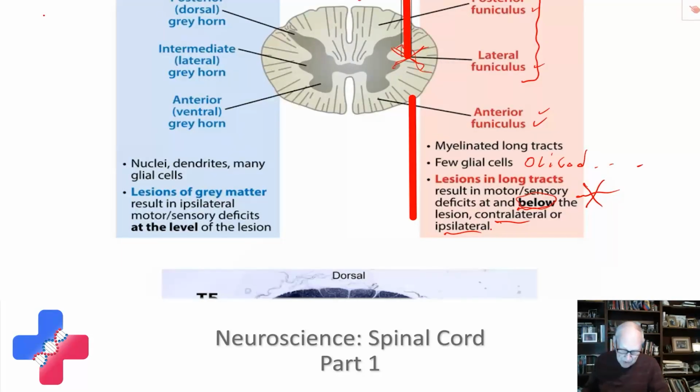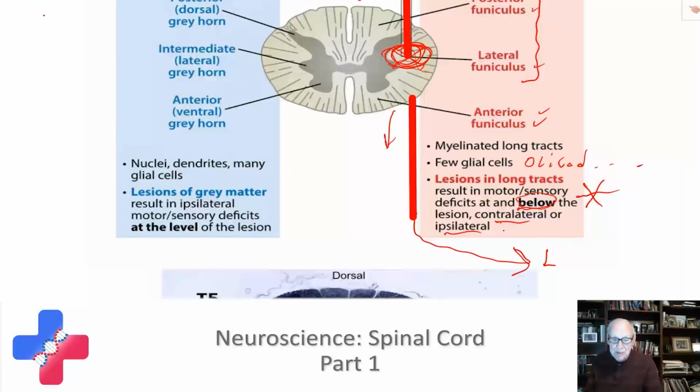Let's say again we damaged the cord here at T4. We've lost everything below. We know that. That's the cardinal rule. But sometimes the deficit is below and affects the same side. So this would be the left side of the body, a below and ipsilateral lesion, obviously.